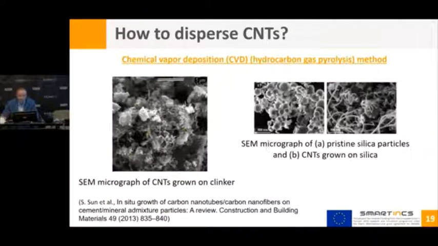You have here some SEM micrographs of the nanotubes grown directly onto the clinker, or here you have the carbon nanotubes that were grown onto silica particles. You have there the small silica particles, probably, let me say, silica fume, for example, considering the size of the silica particles.